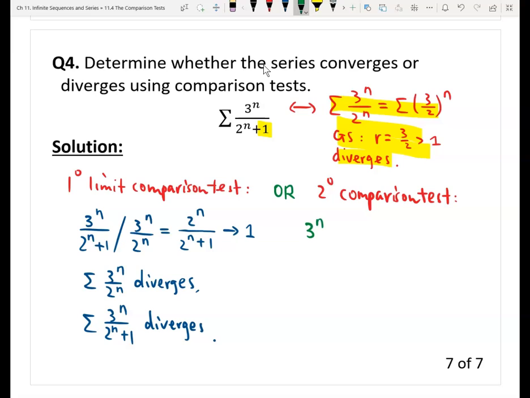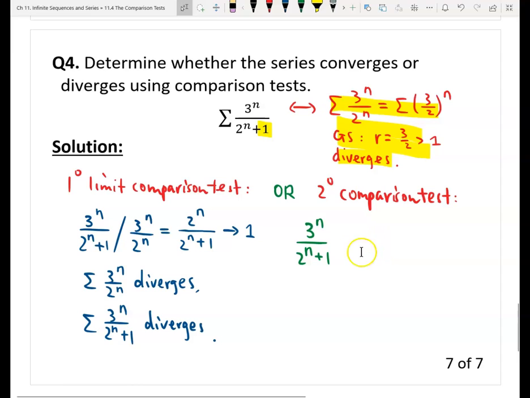This is our series, the general term. Imagine, as in the second question we did, we enlarge this by taking the 1 away, enlarging it into 3 to the nth power over 2 to the nth power. We get a divergent series.